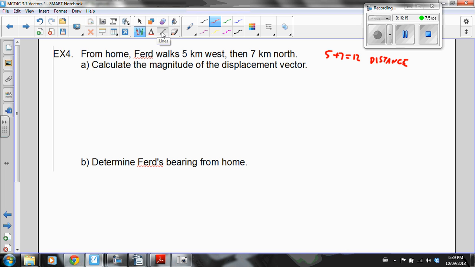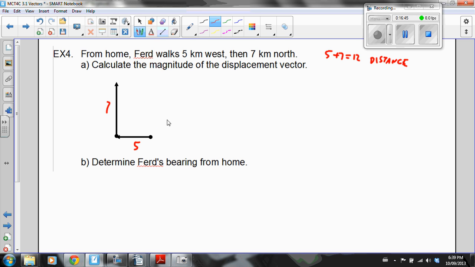Well, if I think of vectors, and I'm not going to draw a scale diagram, but if that's 5, he walked 5, and then he walked 7, because he's here now. He walked 5 west, and then he walked 7 north. There's 7. Dandy. Well, how far is he from home? Well, actually, he's walked this distance, hasn't he?